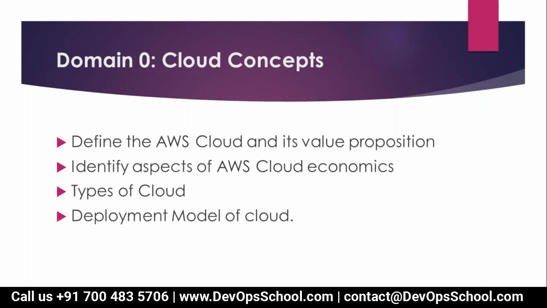No. But whenever we use Citrix, we always have to connect with the VPN, correct? VPN is a virtual private network. So whatever cloud we use through the VPN, that is private cloud. Clear?